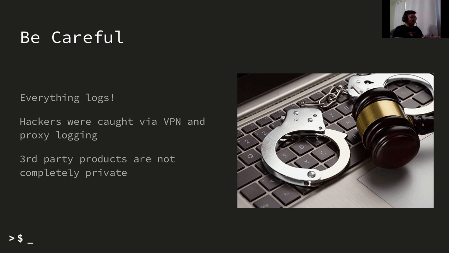But surprisingly, they kept logs, and when the police asked for them, they gave them up, which led to the arrest of two of the LulzSec members. So if you're using any third-party products, even VPNs and proxies, make sure you understand that the information is not completely private. Even if you're using a paid VPN, remember it's not 100% private.